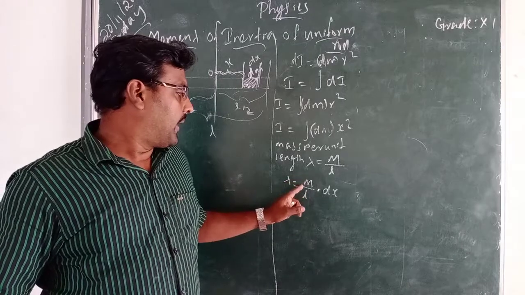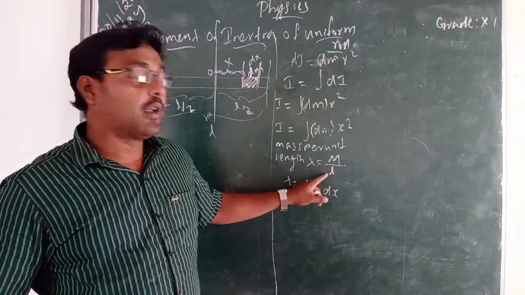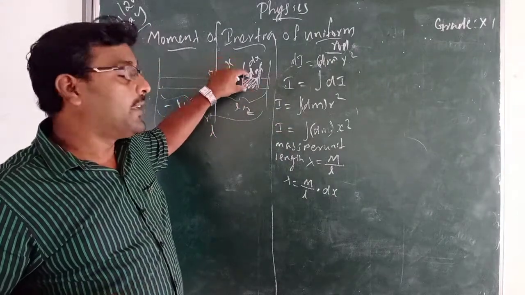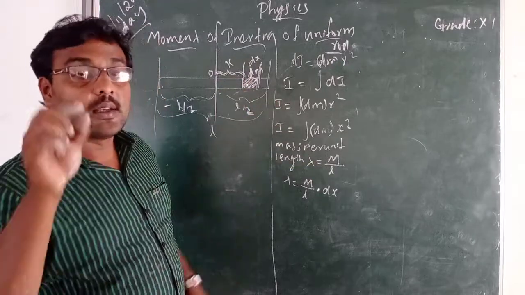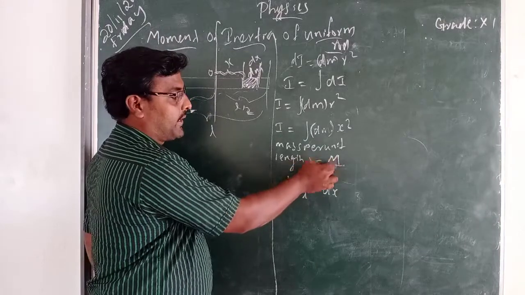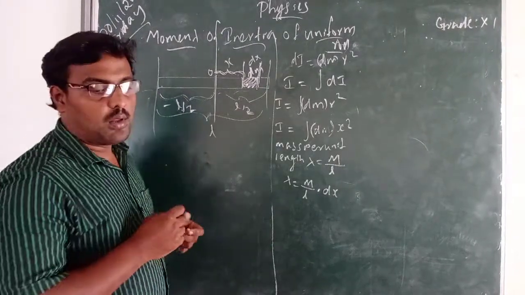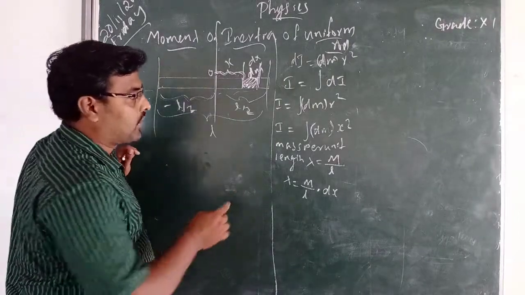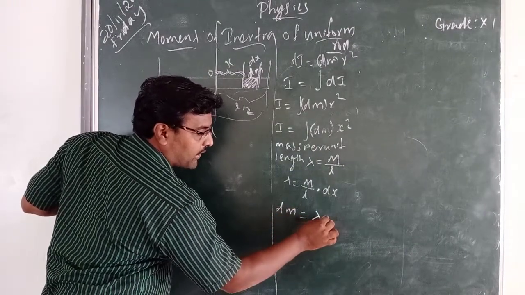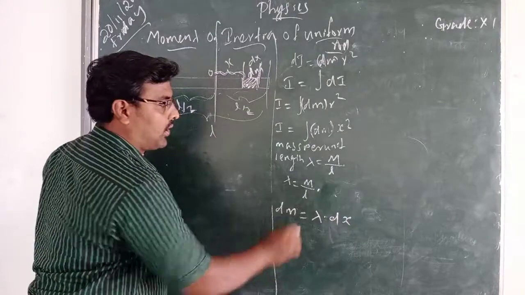This is the mass per unit length. We are choosing a small mass dm from this uniform rod, and this dm is the mass per unit length, lambda, that is M by L, multiplied by the distance dx.